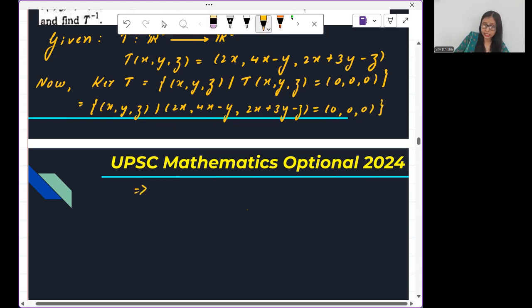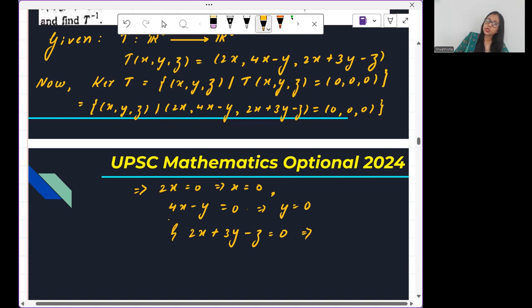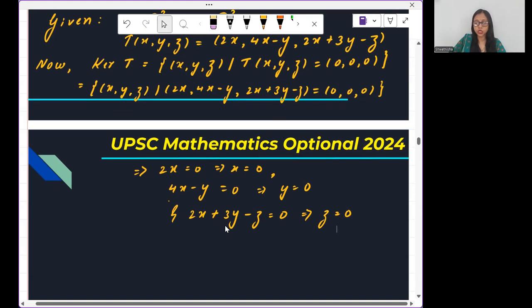right? Which clearly implies that 2x is equal to 0, which implies x is equal to 0. 4x minus y equals 0 implies y is 0. And the last, 2x plus 3y minus z is equal to 0, implies z is equal to 0. Therefore, the only possibility of x, y, z is 0, 0, 0.